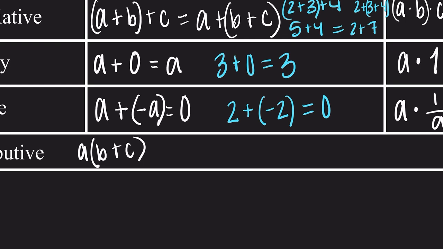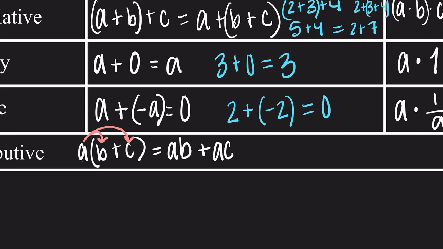What you can do is distribute this outside term, multiply it by the first value, multiply it by the second. We have A times B, or AB. Our symbol is plus, so plus, then we have A times C, AC.